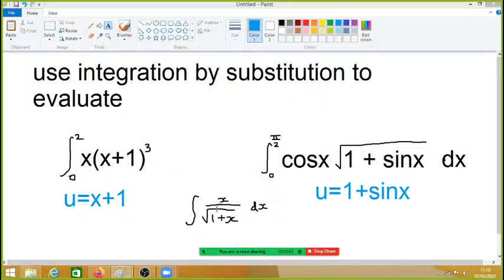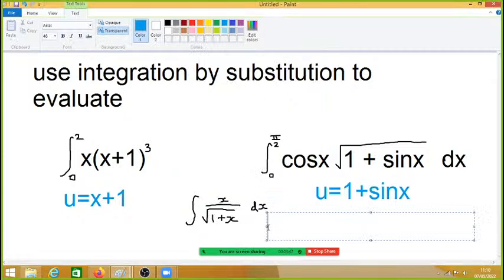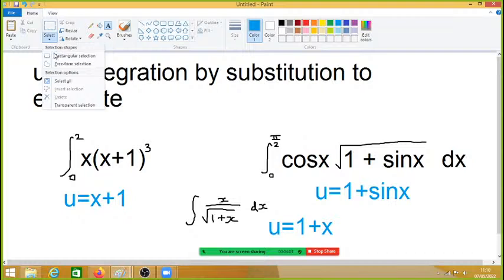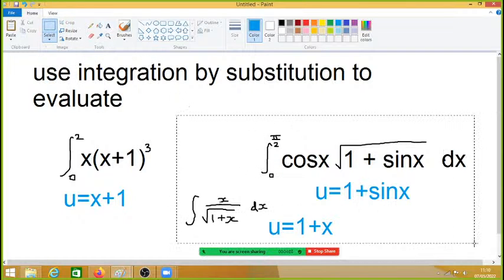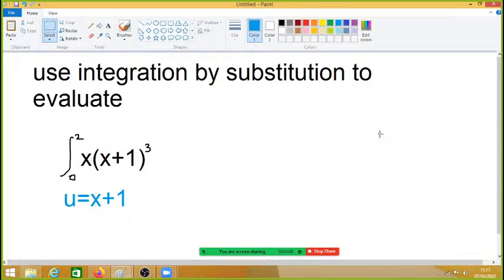It's just the bit under the square root here, so we would use u as 1 plus x. That would mean we can rewrite that as the square root of u, and then we can bring that to the top as u to the power minus a half, and that'll be much easier to work with. Good. So that's getting the extra marks by choosing the substitution yourself.